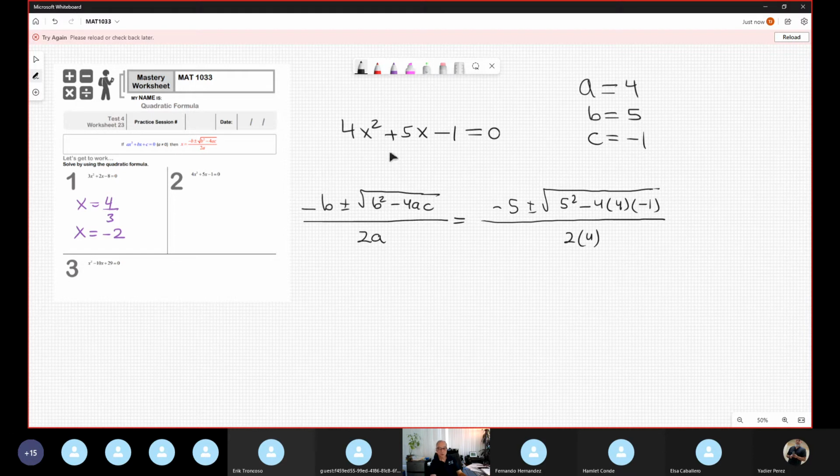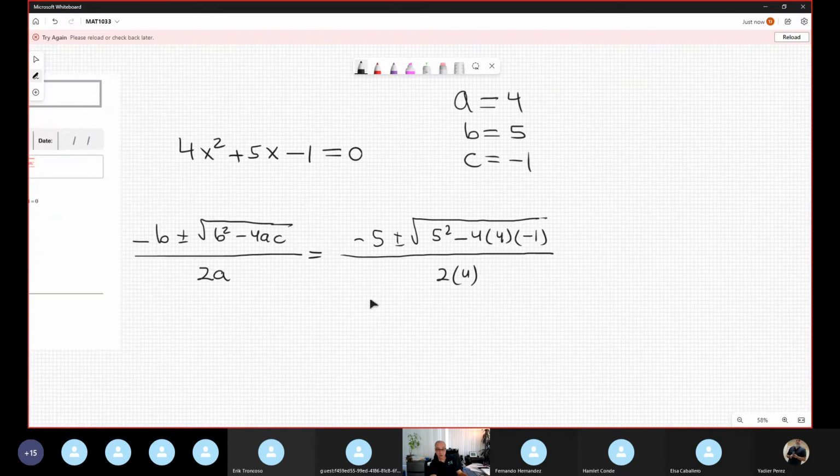Okay, now focus on the expression inside the radical. Don't do anything else, only the expression inside the radical. Here, this is 25. Guys, I recommend doing it this way, and you imitate my work.